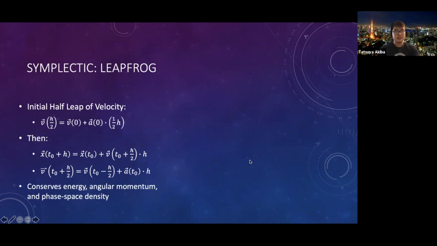So this method, if you calculate it out, conserves energy, angular momentum, and phase space density, which are all very desirable. So even though this is a second order integrator, because it conserves energy, angular momentum, and all of these things that we want conserved, this actually does a better job of limiting the errors in the long run.